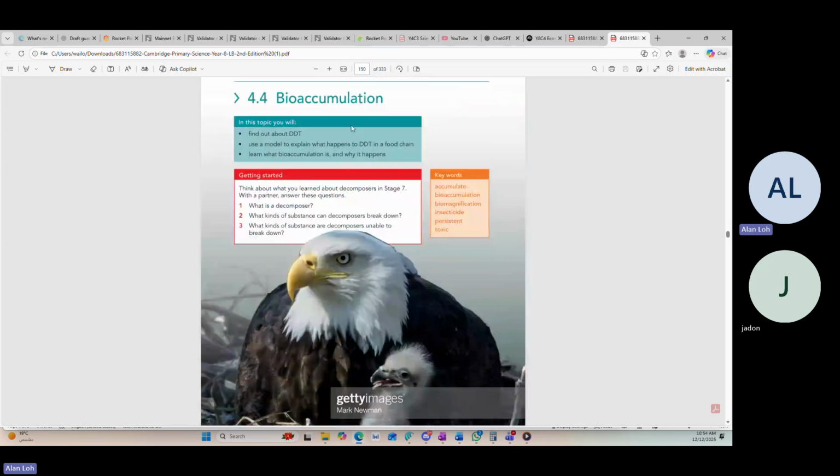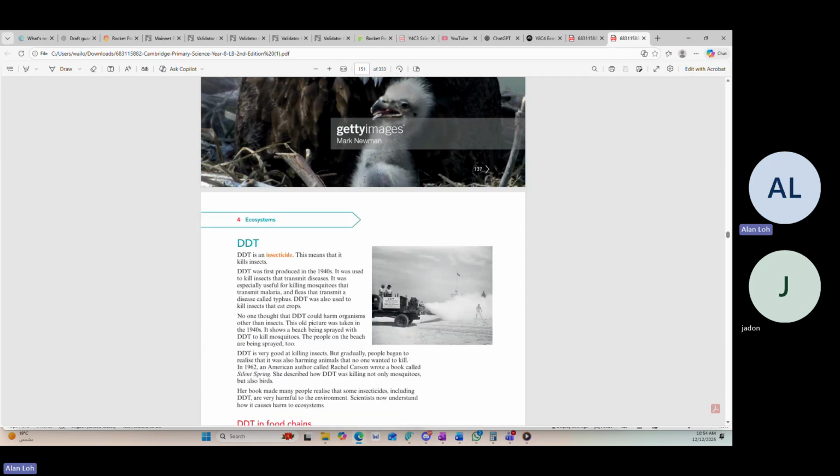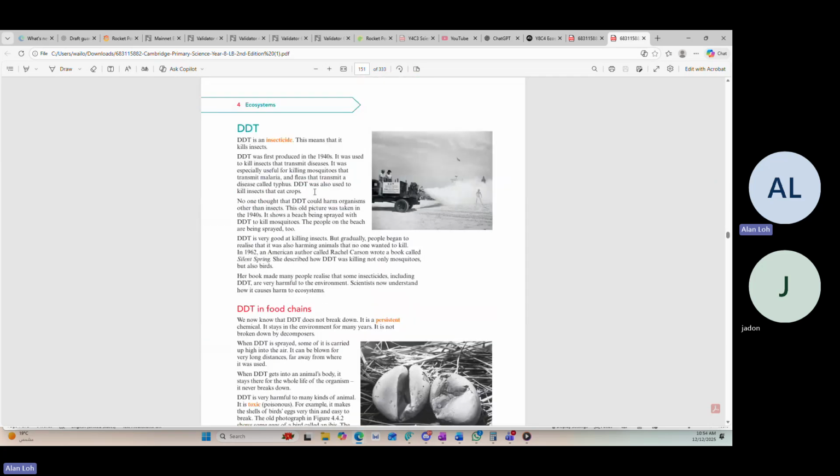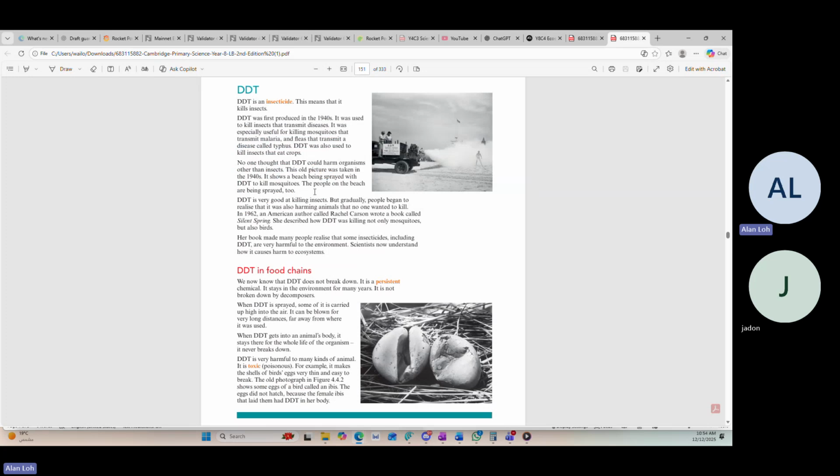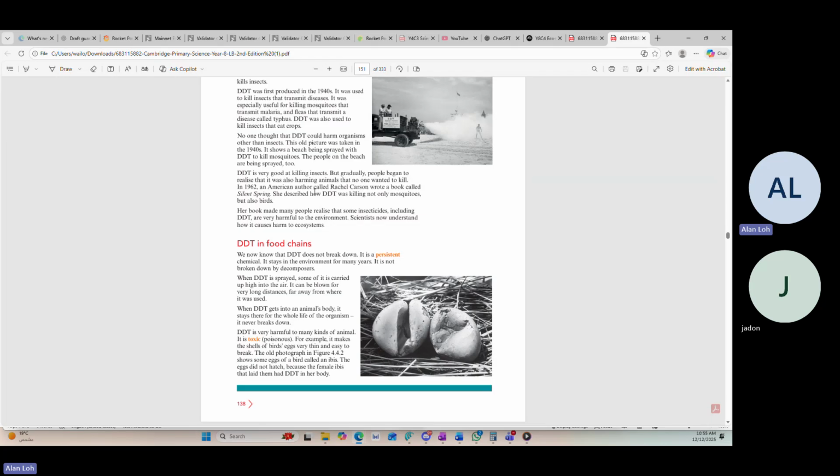Right. Then the next drawer is bioaccumulation. For our case, we name it bioaccumulation and biomagnification. So it's talking about the DDT, right? The DDT that is used to kill the mosquito. However, it cannot be broken down further, so it will continue to accumulate.